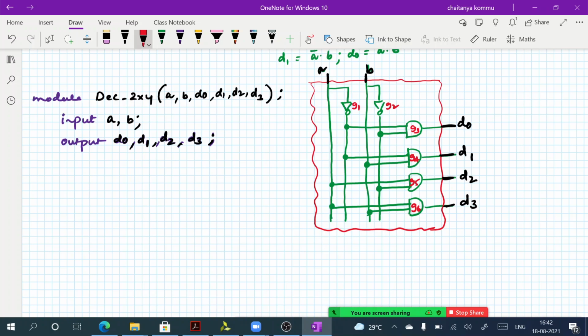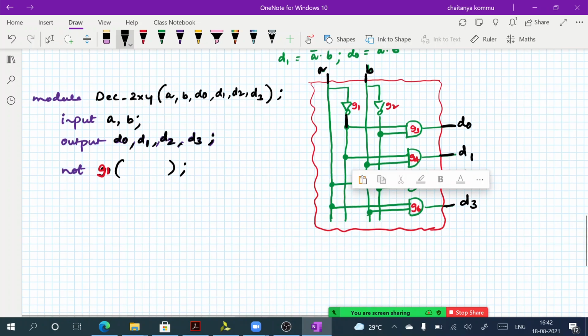Shall I call the built-in primitive of gate 1 with the help of the not keyword? It's a keyword, not the word. What is the name of this gate? Let us consider this is G1. What variables should I write here now? First I should mention the output of this one.